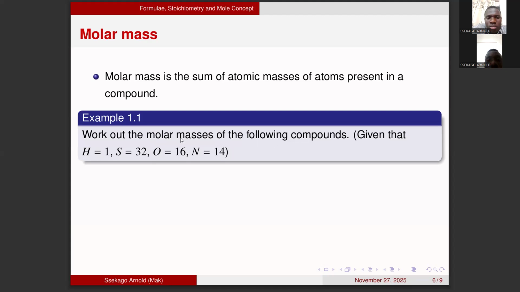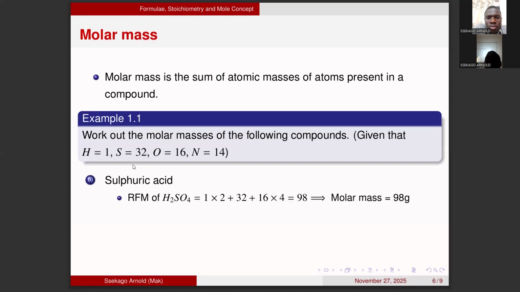Work out the molar masses of the following compounds given this information. Listen attentively: to calculate molar mass, they will always give you the atomic masses. Here we want to work out the molar mass of sulfuric acid. To calculate molar mass, we first determine the relative formula mass.